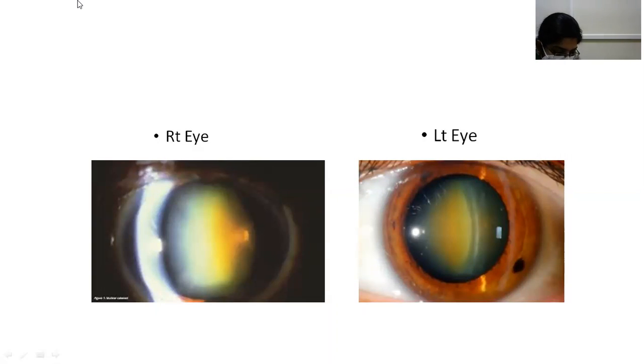What are the two types? Morgagnian hypermature cataract, and another one, sclerotic type hypermature cataract.